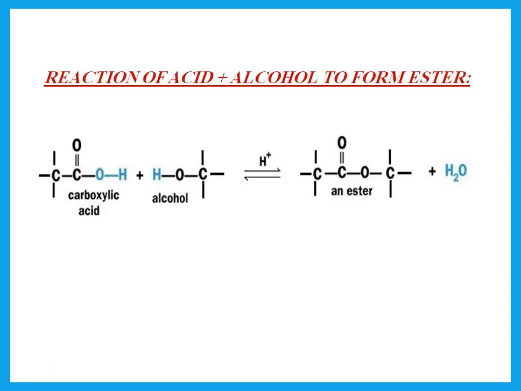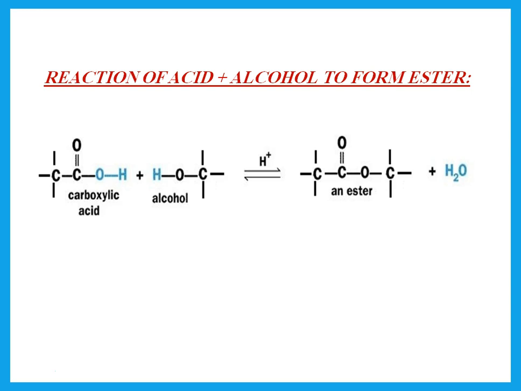Are we following? Okay, the other important reaction is the reaction of acid with alcohol to form ester. Remember, acid plus base gives a salt plus water. Now, carboxylic acids react with alcohols. What comes out is called an ester plus water.